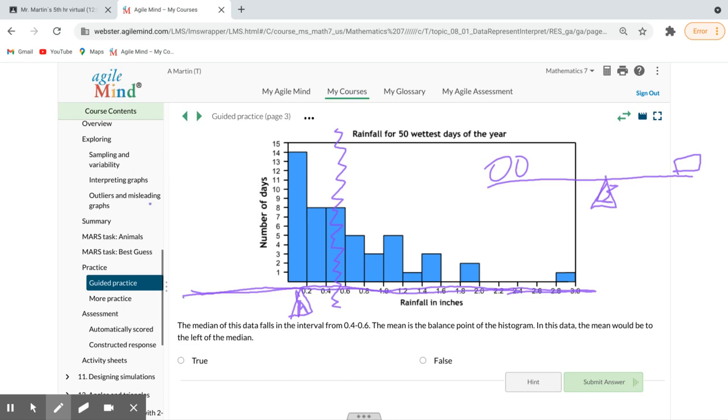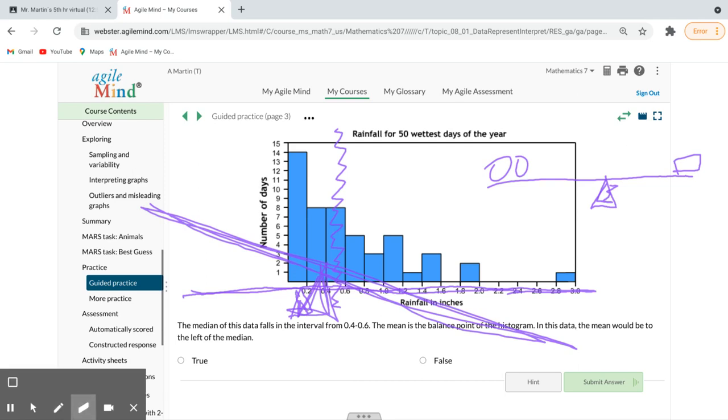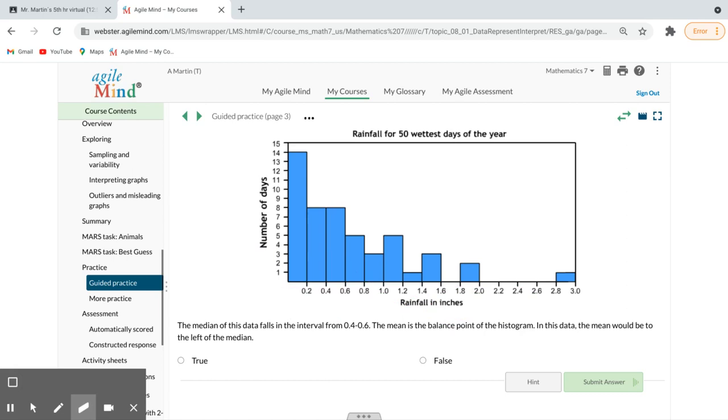It's going to get tilted like this, right? Wouldn't it be something like that? So, can this be true? It has to be false. Could not work because it would not balance out, because it would be too far to the left of the middle of our data, and then that would make it where it was unbalanced.